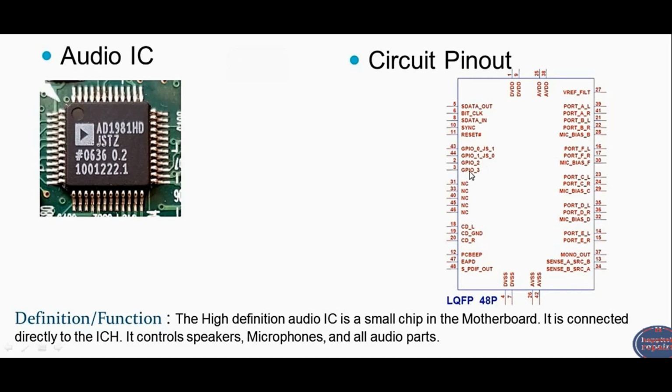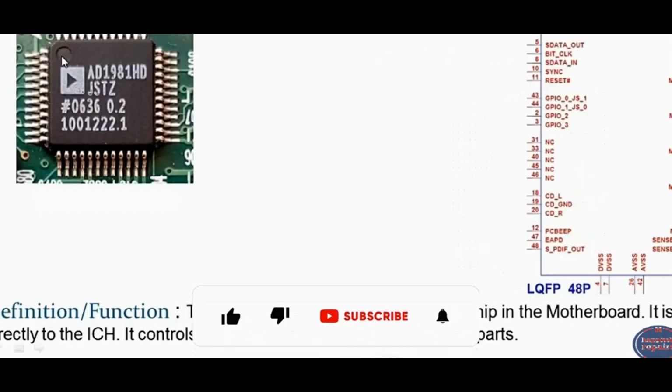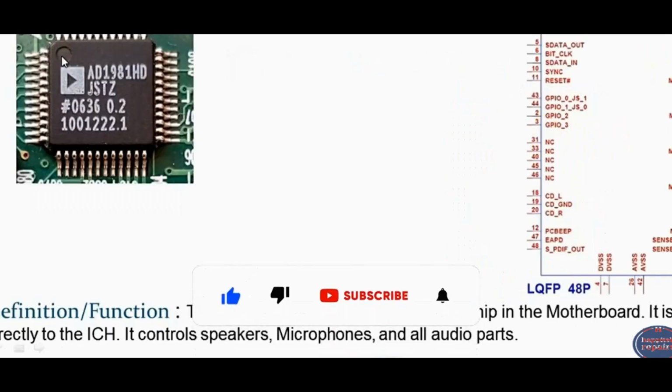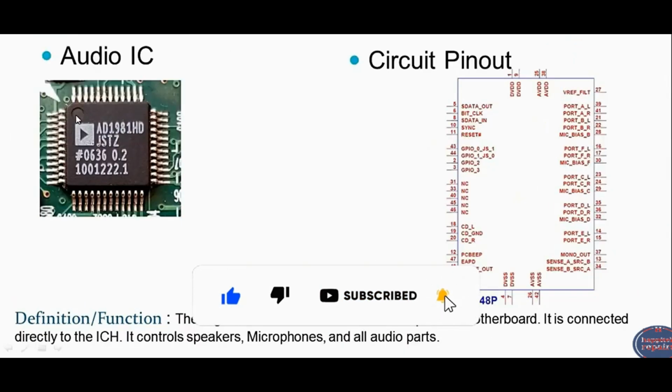As a definition, the high definition audio IC is a small chip in the motherboard. It is connected directly to the IC head, or input-output controller hub. It controls speakers, microphones, and all audio parts in the motherboard. If you have any problem or issue with microphones, speakers, and so on, you should check the serviceability of this IC.